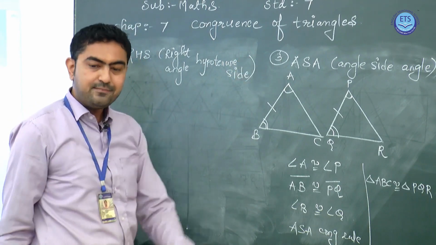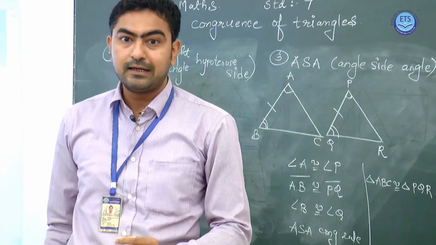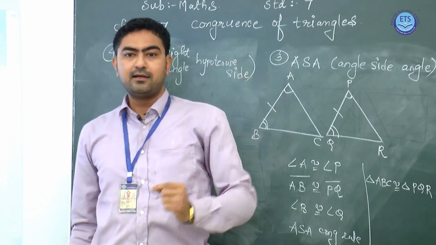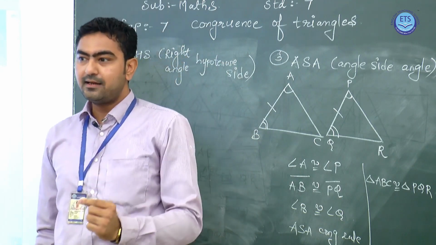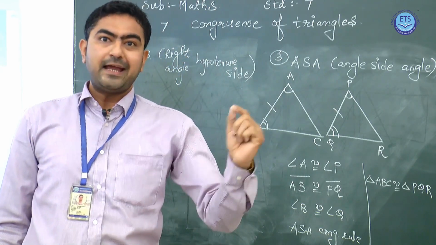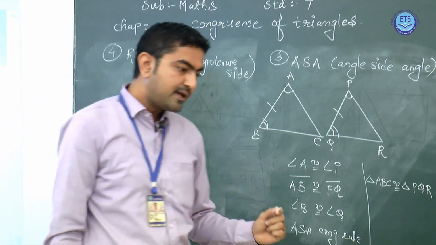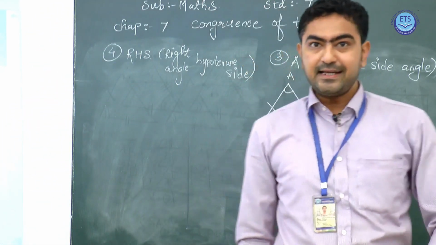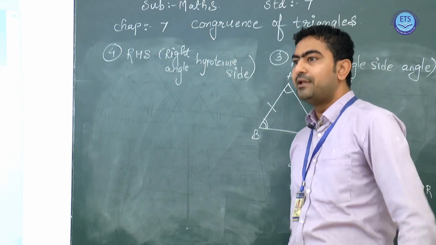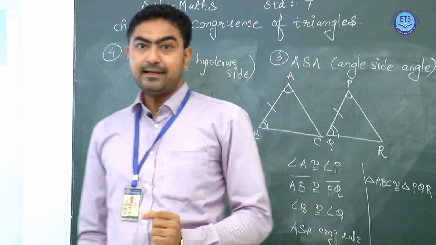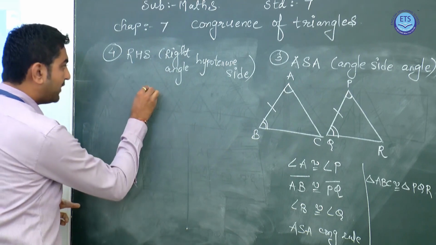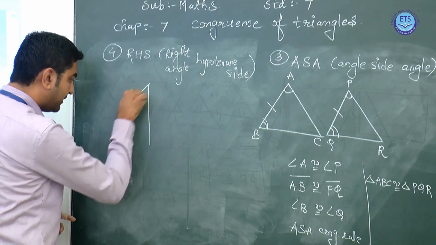Here, what is the meaning of a right angle? First of all, everyone should know that in the case of a right angle, the value of the angle is always 90 degrees. If the measure of an angle is 90 degrees, you can say that angle is a right angle. Now see the two figures of right angle triangles.